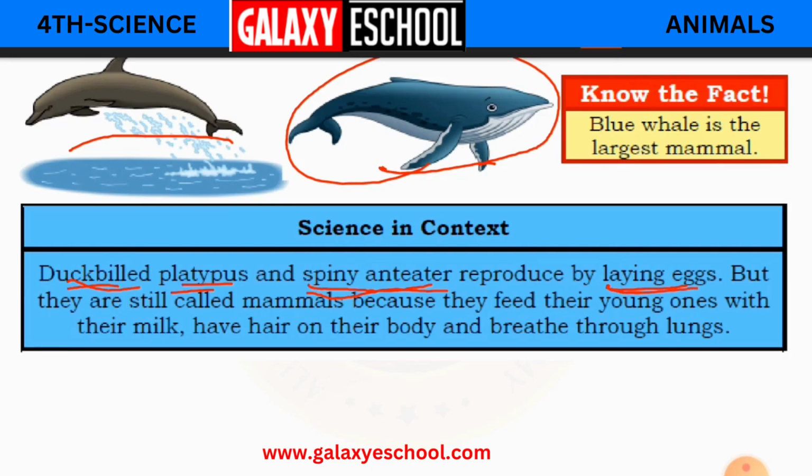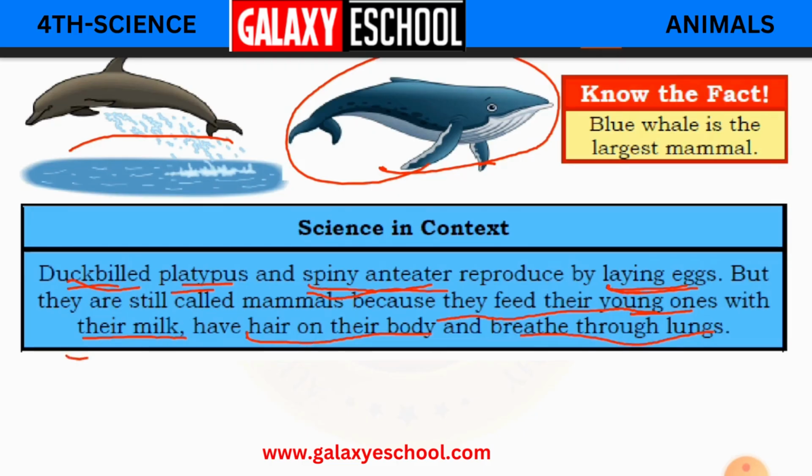Then how are they mammals? Why are they mammals? Because they feed their young ones with their milk, they have hair on their body, and they breathe through lungs. They have the other characteristics, the features, of mammals.